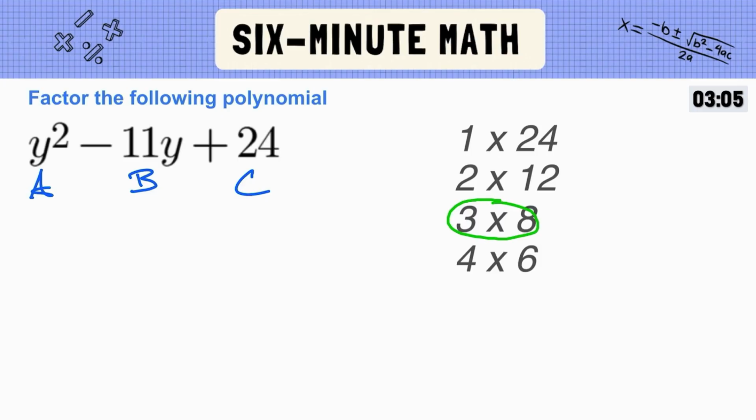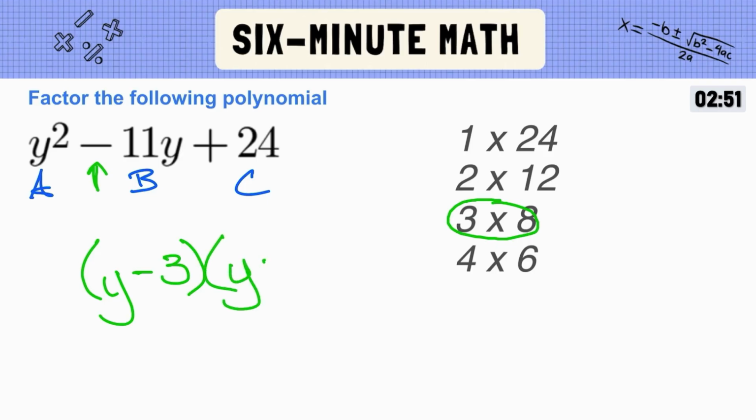The interesting part about this number is this negative. I can't use positive 3 and positive 8. So what I'm actually going to use is my y, and it's going to be negative 3 and negative 8. Those two negatives will add to this negative b. But if I multiply negative 3 and negative 8 together, I get a positive 24.